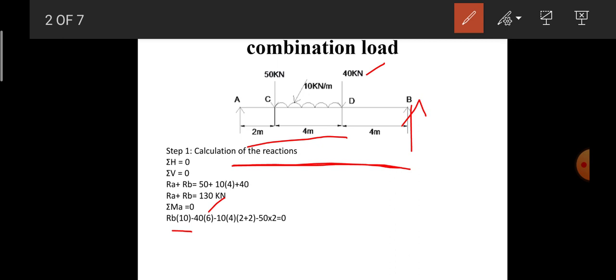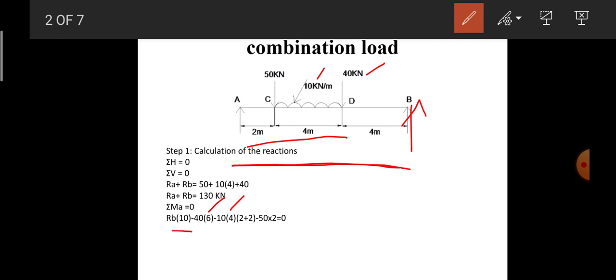Next is the 10 kilonewton per meter. First we are supposed to convert this 10 kilonewton per meter to a point load, so multiply by the distance over which it is acting. So 10 into 4, and then we need to take the centroidal point, because exactly at the centroidal point the resultant load will be acting.